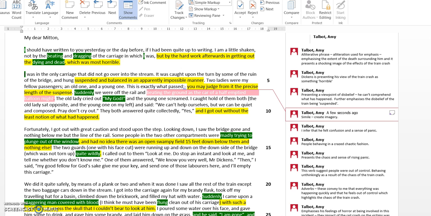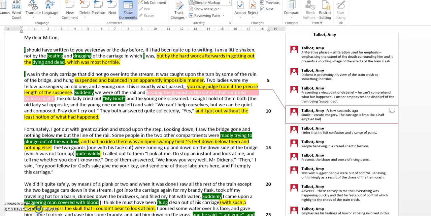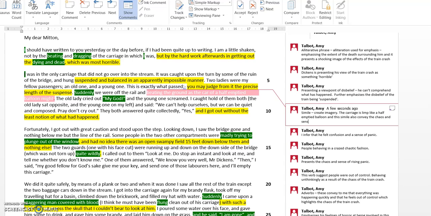If you can imagine, all the air has come out of the balloon and it's just limp and being thrown around, if you like. The carriage is limp, like a half-empty balloon. And this simile also conveys the chaos and a sense of powerlessness, really, that it's just being flung around like an empty balloon.